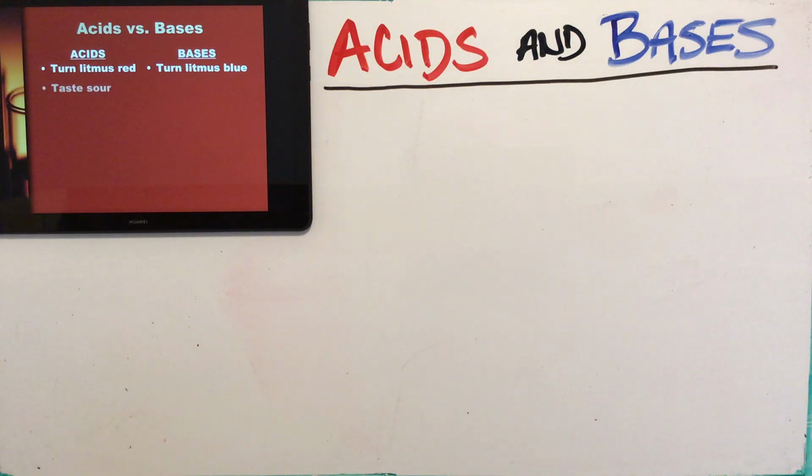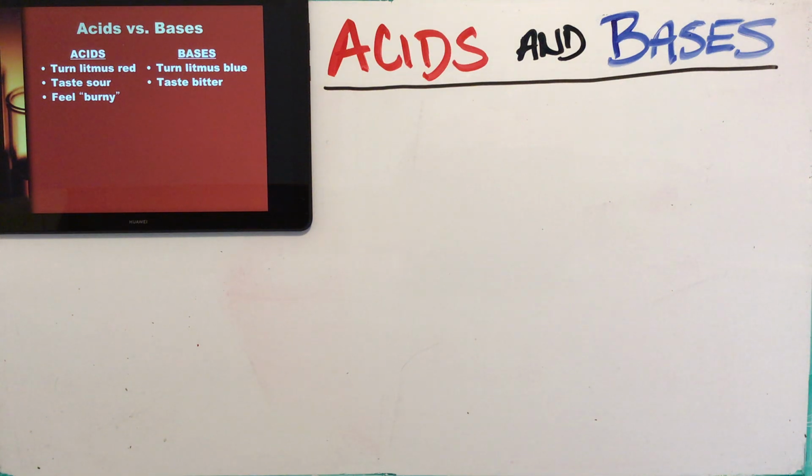And so litmus will respond to different substances, and if it turns red, you know that it has acidic properties. If it turns blue, you know it has basic properties. Acids taste sour. Candies like Sour Patch Kids and such, they have citric acid in them, ascorbic acid in them. This is what gives them that sour taste, right? Bases taste bitter, right?